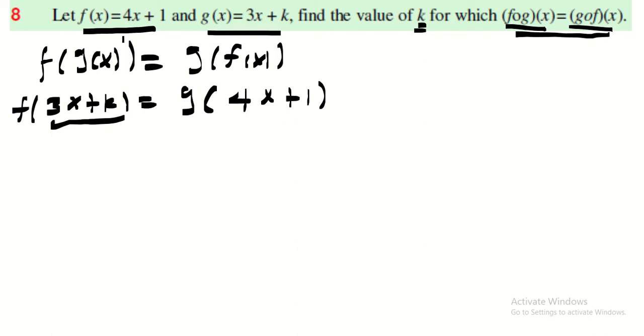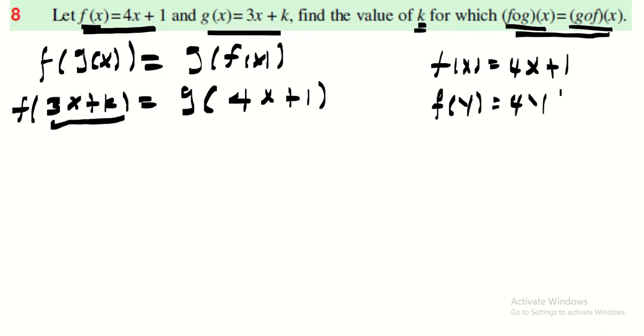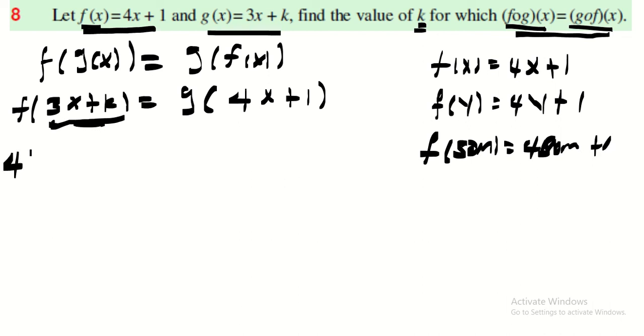Remember, f of x is equal to 4x plus 1, right? So when I say f of y, it will be 4y plus 1. When I say f of something, it will be 4 times something plus 1. So consider this one like something. So 4 times 3x plus k, then plus 1 is equal to, let's go to the right side.